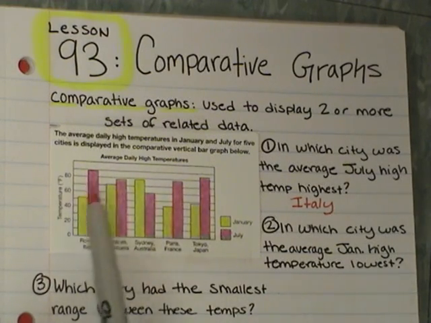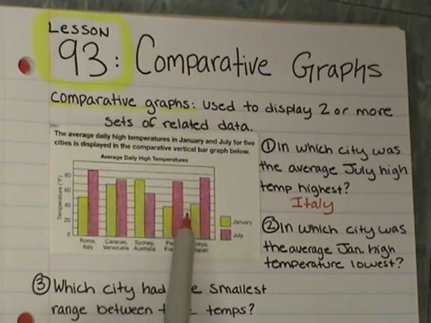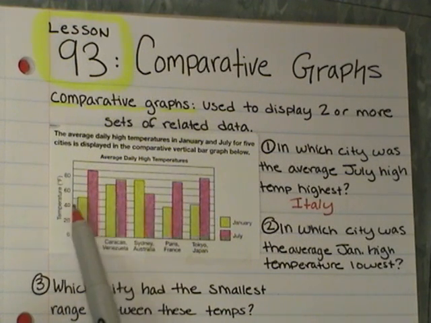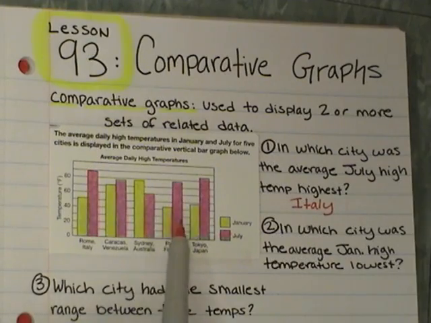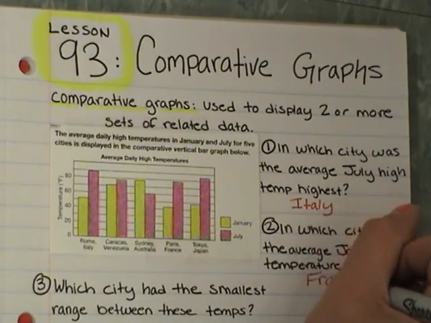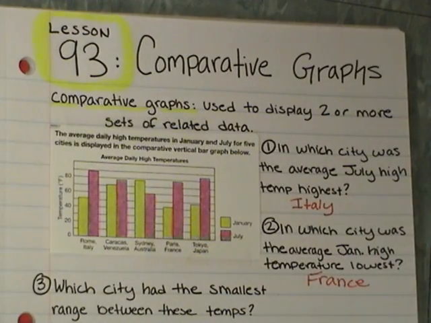And when we look, we would say that these two are pretty low, but France is a little bit lower, and it looks like if you follow the line over, it's a little bit above 40 degrees. So France. You can put Paris, France. That's actually the city, but I'm just going to put the country here.